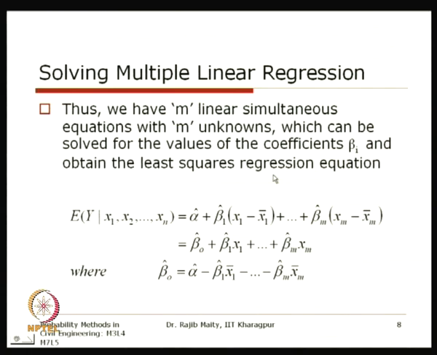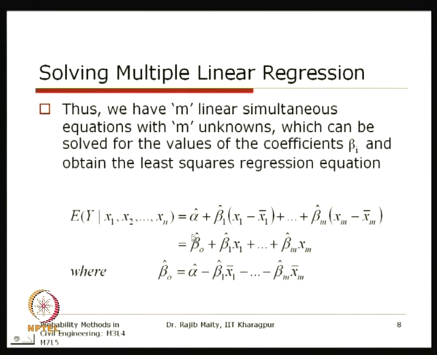Once we get those estimates, the linear regression expression is alpha cap plus beta 1 cap into (x 1 minus x 1 bar) plus up to beta m hat, the estimate of beta m, into (x m minus x m bar).